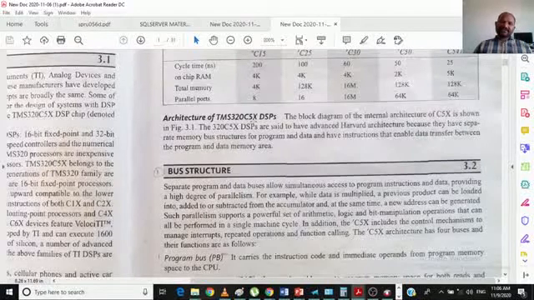This explanation is applicable for DSP processors, microprocessors, as well as microcontrollers. Depending on the designing of a particular architecture, there are two types of architectures.